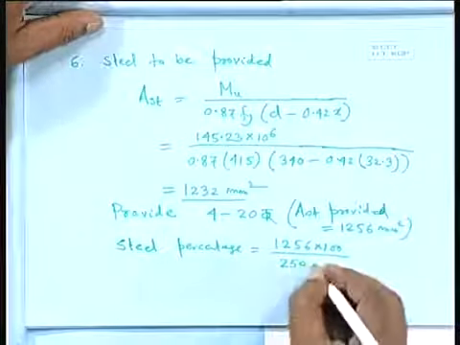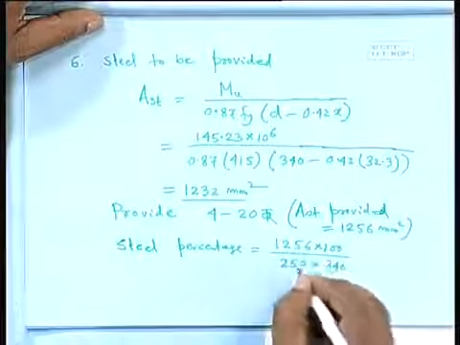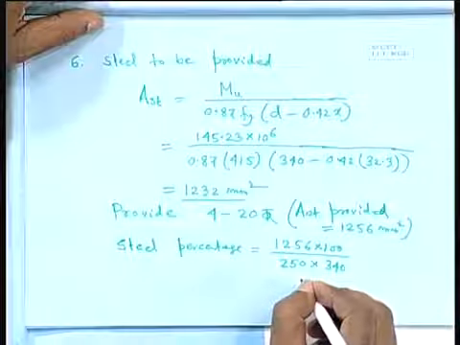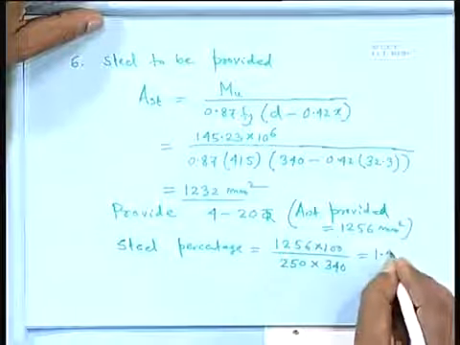So, 250 times 340. When we take the percentage of steel, we take the width of the web, which equals 1.47%.